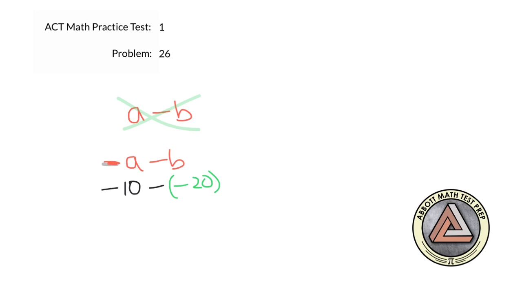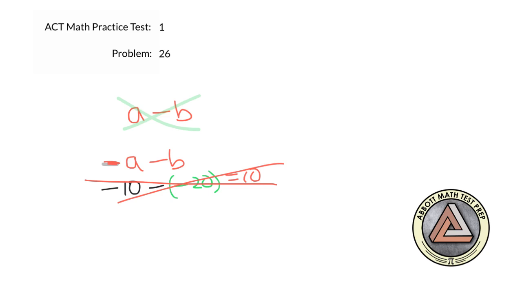Then it would be negative 10 minus negative 20, meaning negative 10 plus 20, which is 10, right? So that's gone. We just provided a counterexample where negative A minus B could end up being positive, despite the appearance of it.